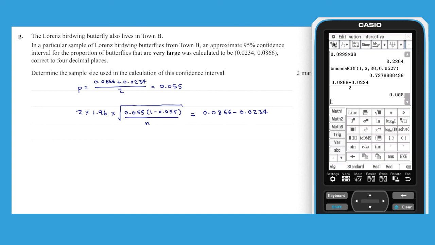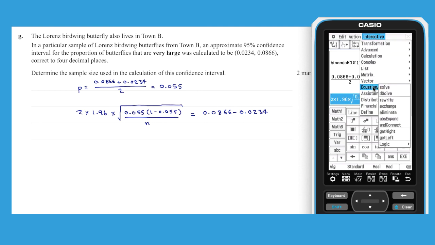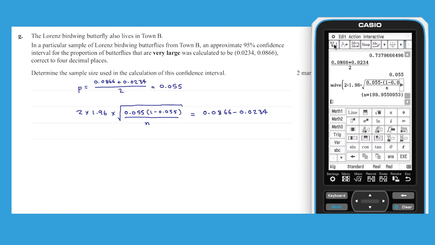This equation can be entered into our ClassPad and solved for n. This solution indicates that the sample size was n equals 200.